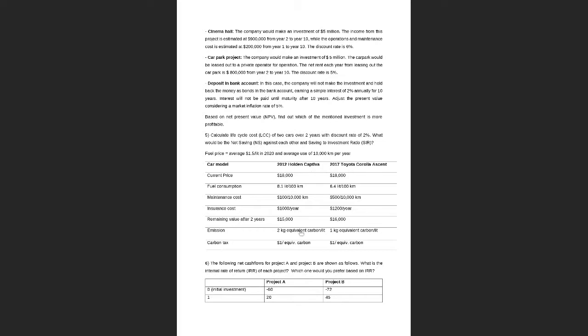And various expenditures relating to both of these cars are given to us. The current price for both these cars, the fuel consumption, the maintenance cost, the insurance cost, and the salvage value after 2 years, the amount of emission and the carbon tax. So all of this is given to us.